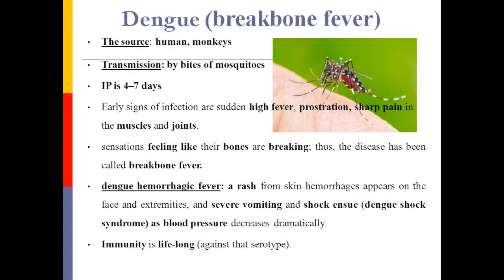Immunity is lifelong against this serological type. If another serological type occurs in another country, it may occur once more. So dengue fever is characterized by rashes in some cases due to destruction of blood vessels and severe, sharp pain in bones and joints.